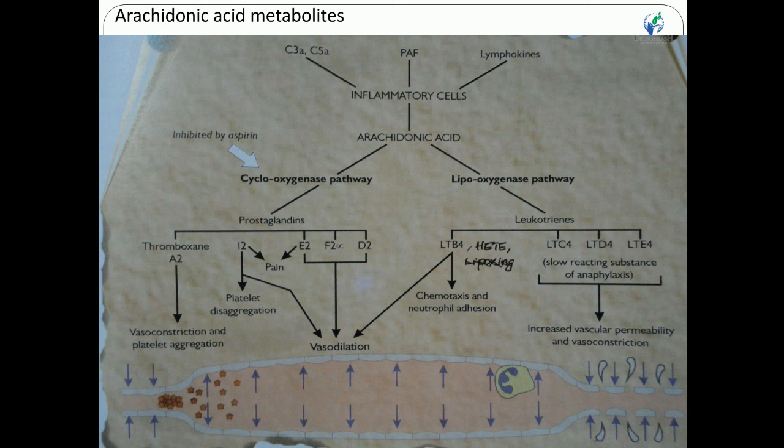And they cause increased vascular permeability and vasoconstriction. As you can see here in the diagram, increased vascular permeability may lead to movement of substances present inside the lumen to come outside into the extracellular compartment, due to the vasoconstriction.